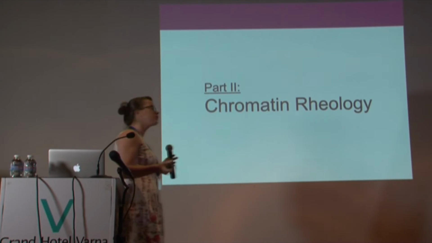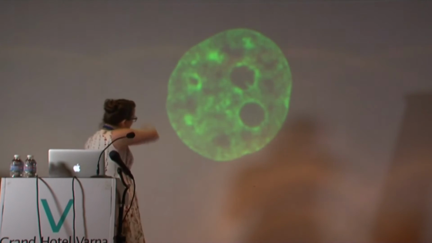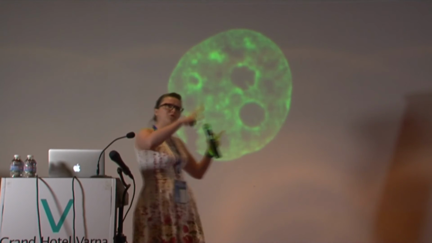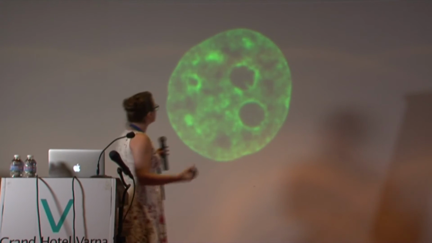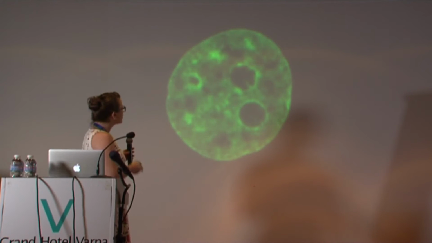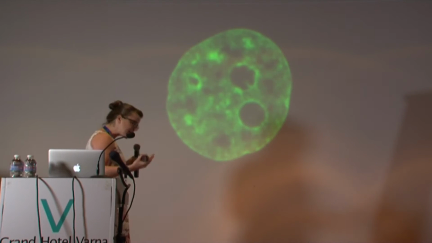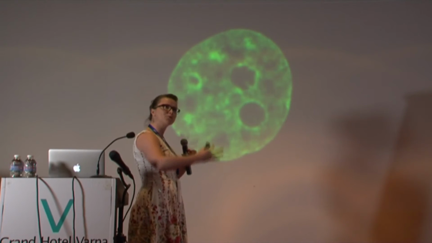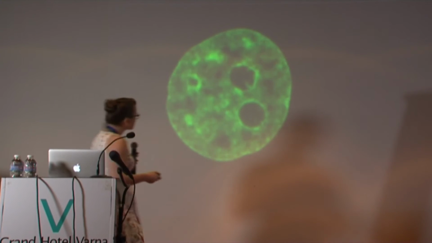Since this is a beautiful nucleus, here it's a canonical example of a confined polymer which is alive and which is active. So we want to learn about its rheology. The classic approach is to inject particles, magnetic or non-magnetic, and either observe their motion, apply forces, and so on.